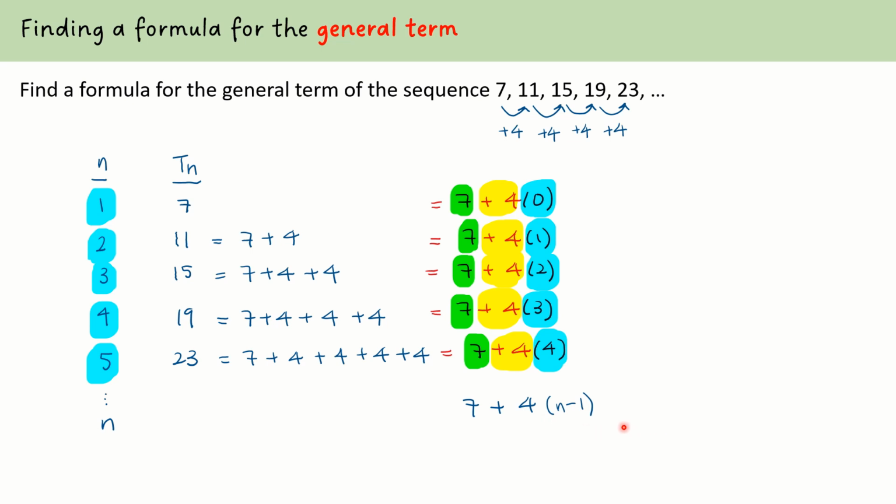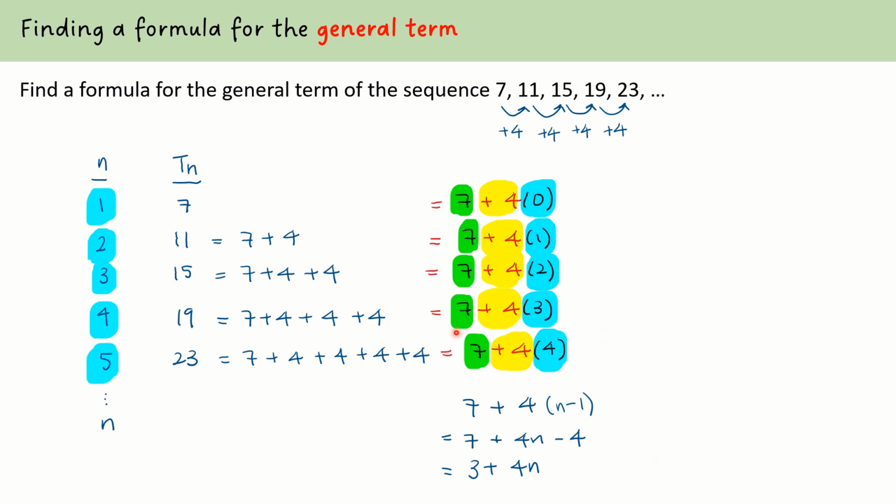But we should not leave our answer as such. Let's expand and simplify it. So this is actually 4 times (n minus 1). So 4 times n will give us 4n, and 4 times minus 1 will give us negative 4. Upon simplification, I will have 7 minus 4, that is 3, and then 4n continues.